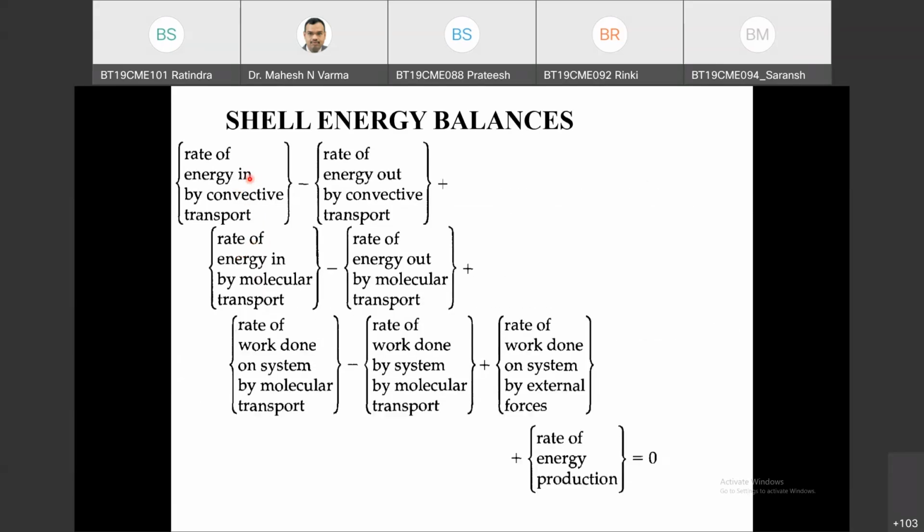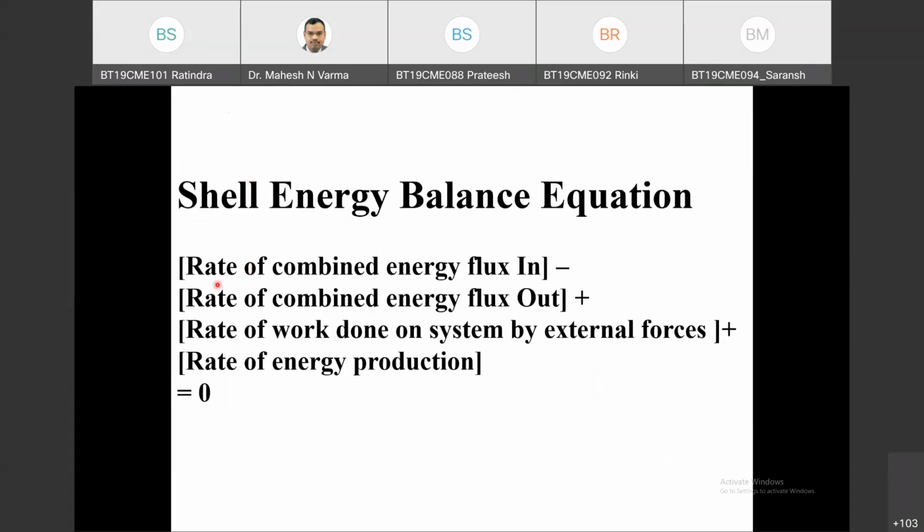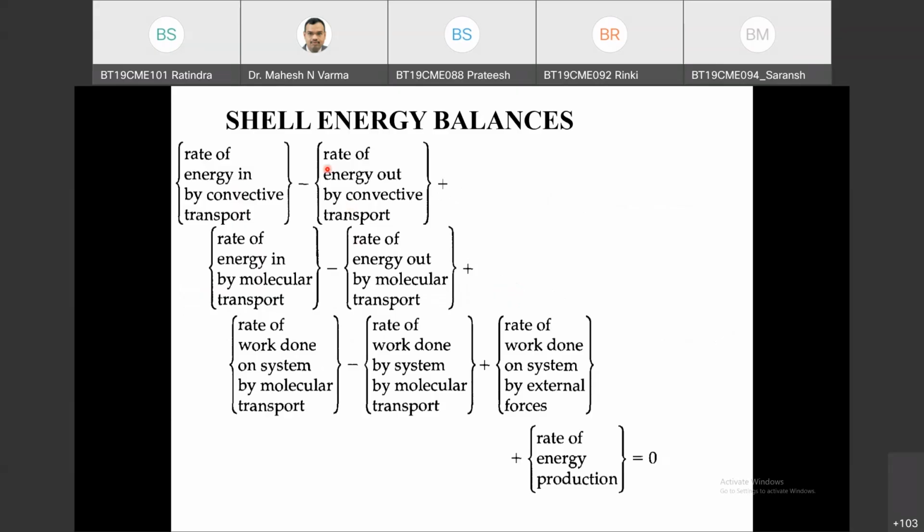Whenever there is a convection, we will use the rate of combined energy flux in, which is a combination of all these three. So this will be the rate of combined energy flux in, minus the rate of combined energy flux going out, plus the rate of work done on the system by external force, plus the rate of energy production, equals 0.